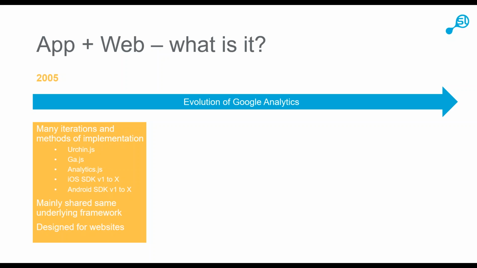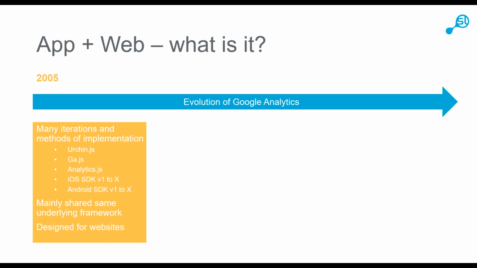And like I said, there's been lots of iterations and improvements over the years. For those that are familiar, you've got Urchin, GAJS, Analytics and the different app SDKs. But the similarity between all of these is that the underlying framework and data framework underneath it all has really been the same, and that has just evolved and incrementally changed slightly.